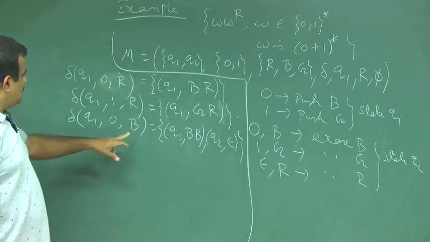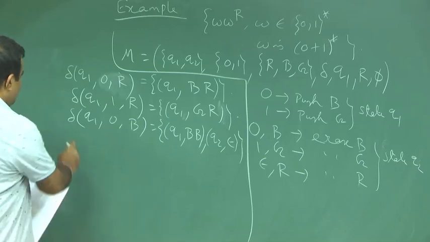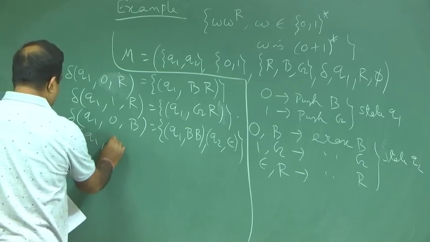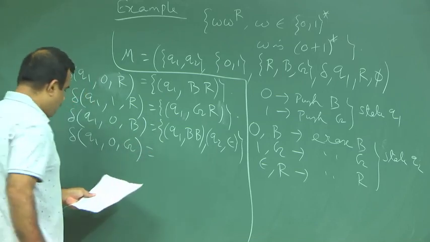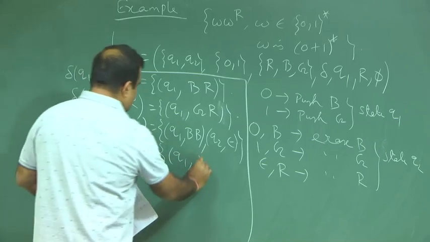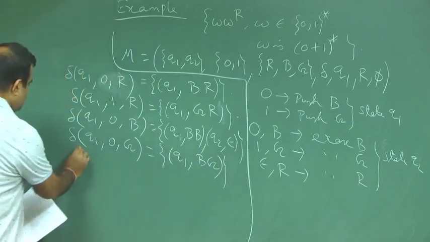We just erase this B. So, this is another option. And delta of Q1 0 R 0 Z will be, this is also a singleton set, Q1 B G.